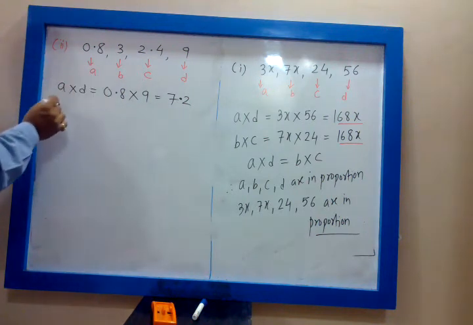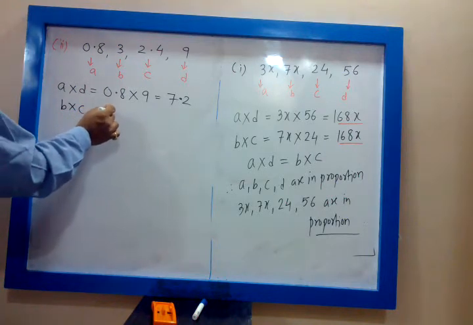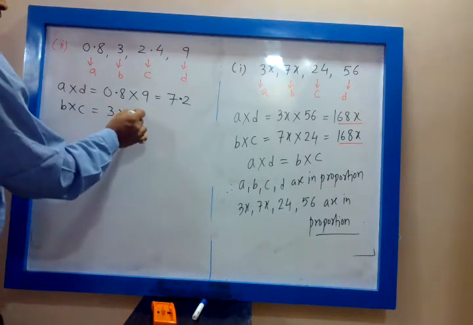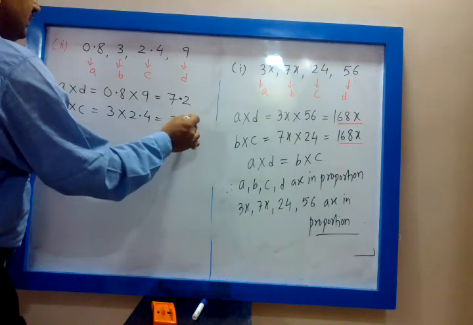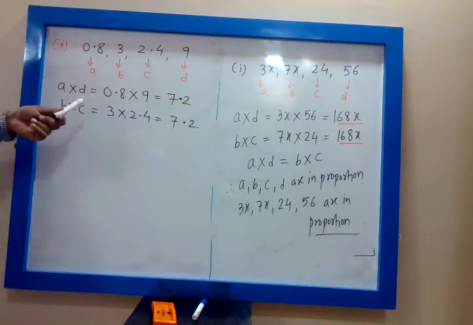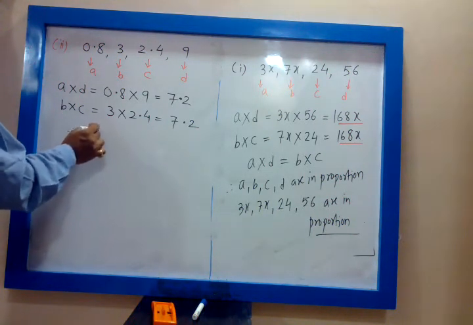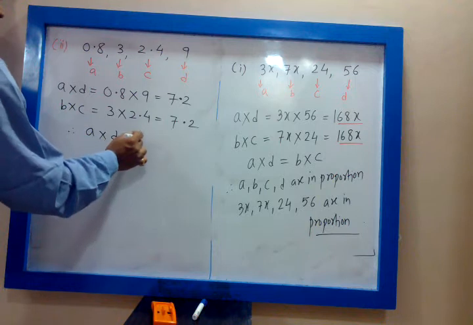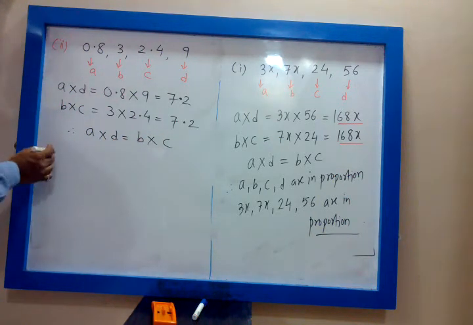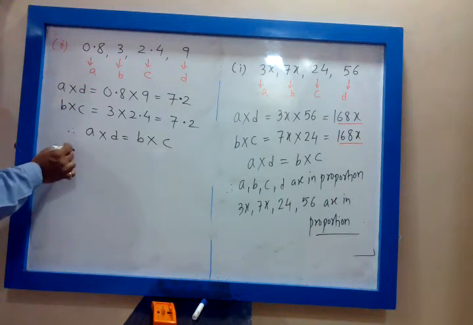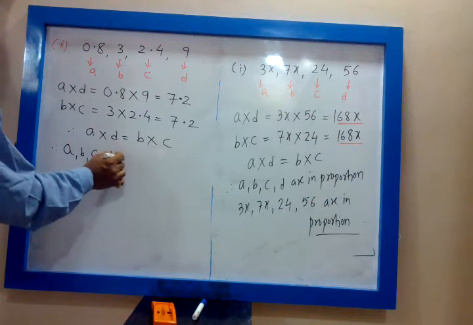Now find B into C. B into C is 3 into 2.4. That is also 7.2, no? Yes. So product of extreme is equal to product of means. Therefore A into D is equal to B into C. Therefore A, B, C, D are in proportion.